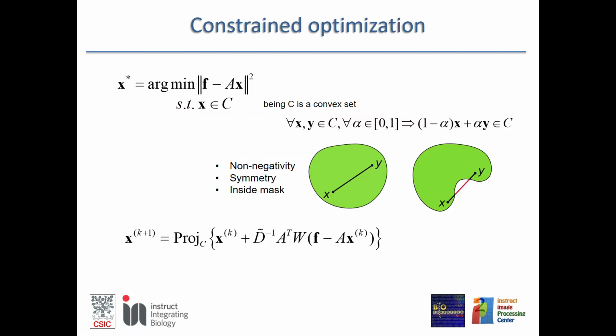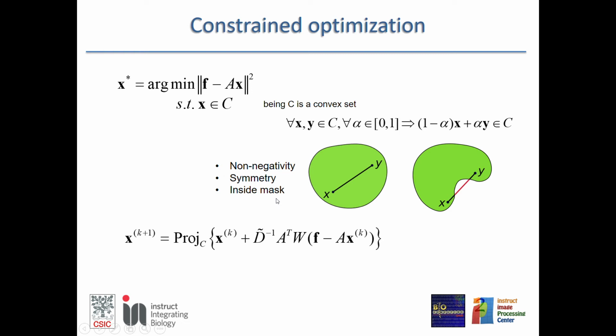And there is another interesting idea: what if instead of just solving the least squares problem of the reprojection, I can add some a priori knowledge? For instance, I know that the object that I'm reconstructing belongs to some set, and this set may be convex, like the set of non-negative volumes, or the set of symmetric volumes, or volumes that are defined within a mask, and so on.